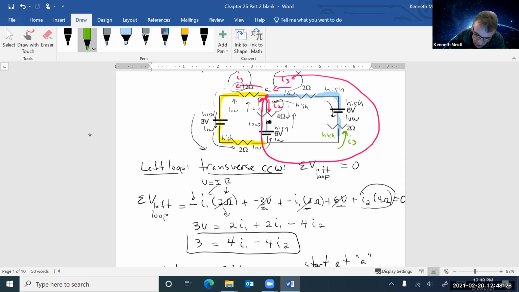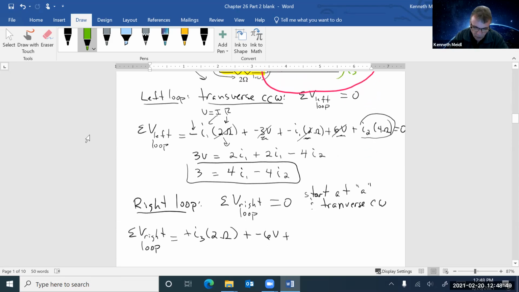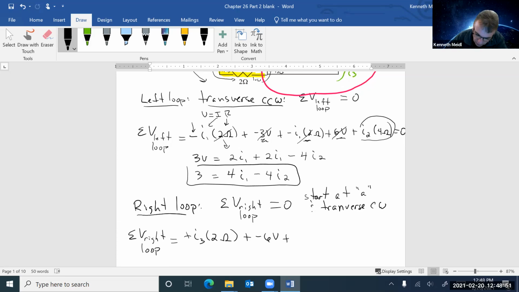And once it crosses, you got a bunch of braking going on there, then that's the low energy side. So as I cross it clockwise, I'm going from low energy charges to the other side of the resistor, where I find higher energy particles. They're going faster. And so that's going up in energy. And this is I3 with a 2 ohm resistor. So plus I3 going across a 2 ohm resistor.